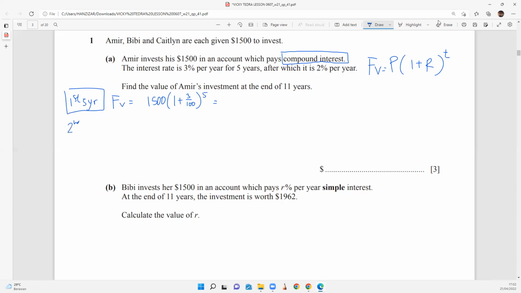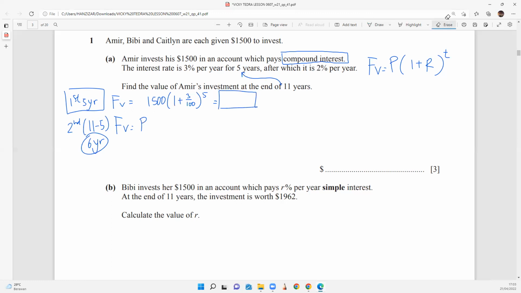And the second term is 11 years. So we already took the 5 years, and the rest will be 11 minus 5, right? So the next 6 years, the second 6 years. So the future value, also the present value, but the present value is calculated through this number.